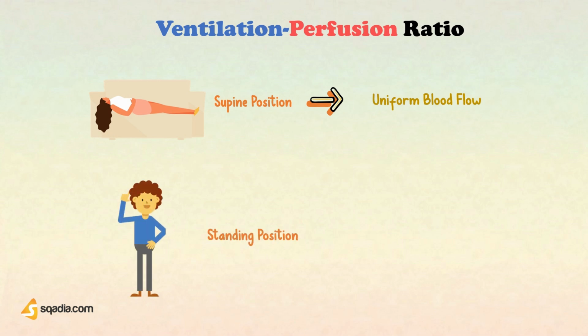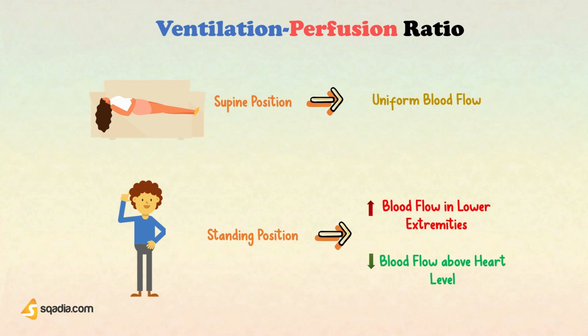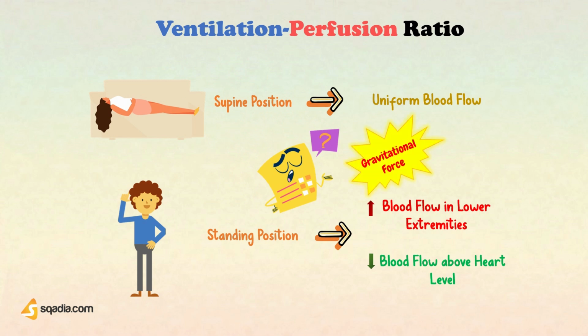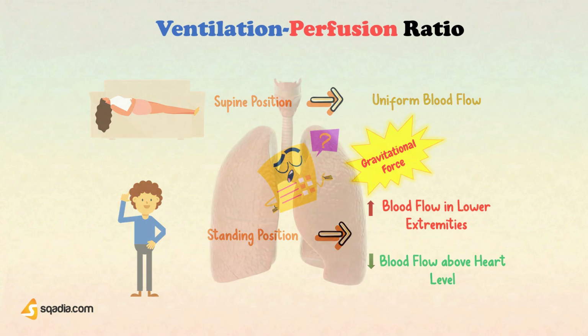Normally in standing position, blood pressure in lower extremity of the body is very high, and in upper parts above the level of heart, the pressure is low. But why is it so? Yes. This is because of the effect of gravitational force. Well, a similar condition is observed to some extent in lungs also.